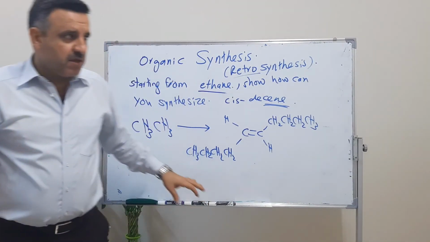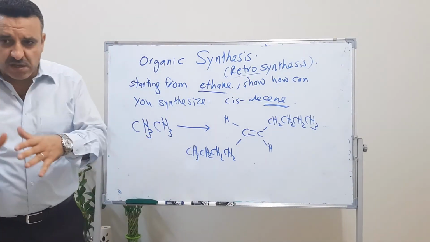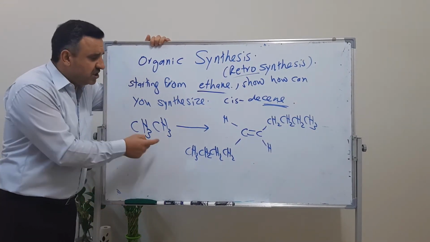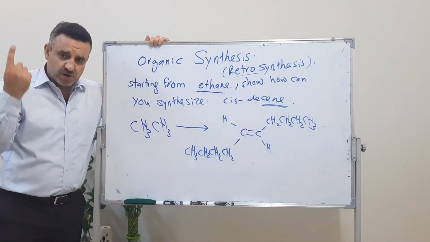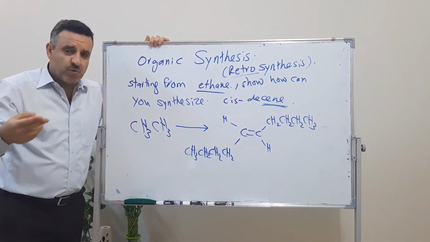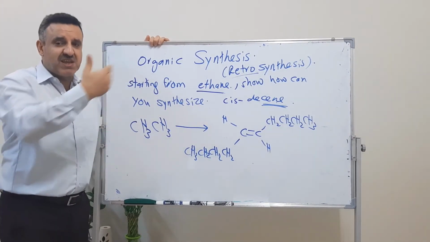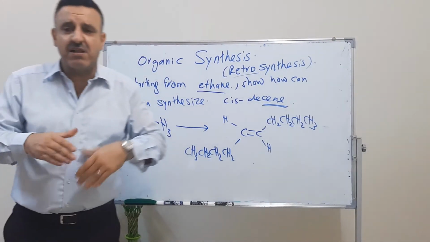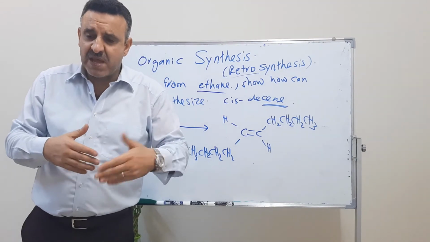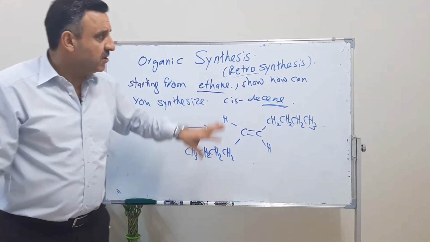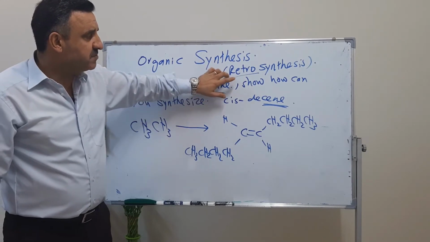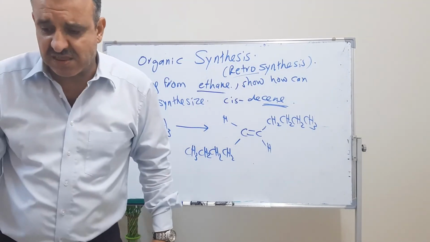Because you can imagine, in principle, we could do this conversion in one step, or in 2 steps, or in 10 steps, in 15 steps. Do you follow me? Sometimes it becomes difficult to follow all these steps. The best way to do the whole synthesis is by this methodology which we call retrosynthesis.